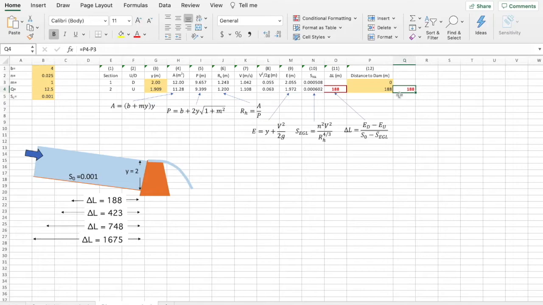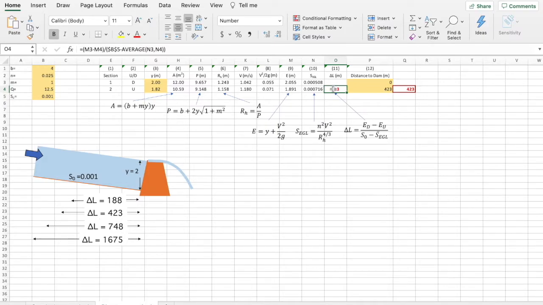The second point is located at a distance of 423 meters upstream of the dam. And we know the water depth at that point is 1.82. You can see the values in these two cells are still the same.